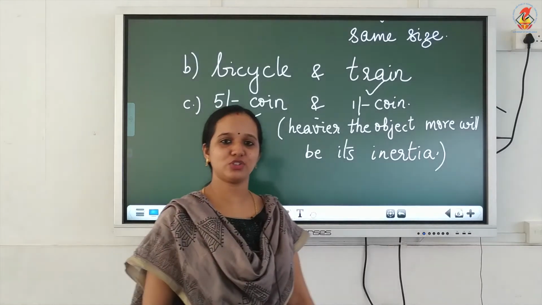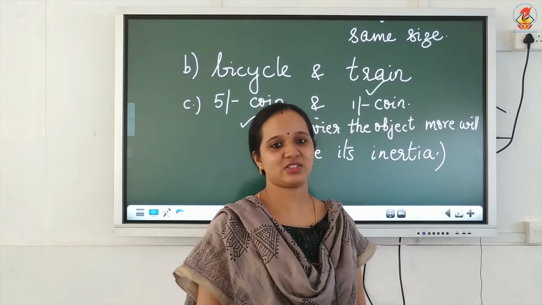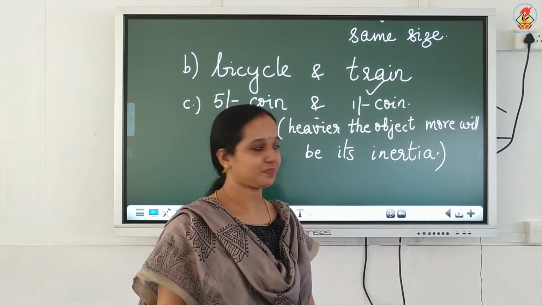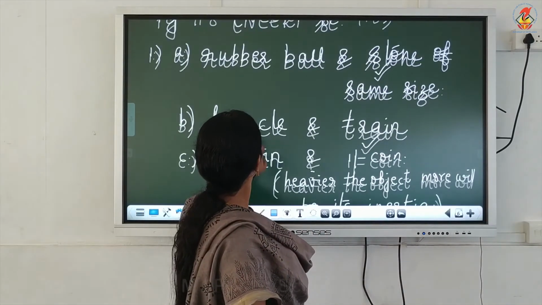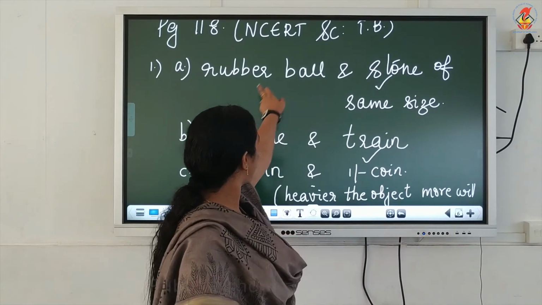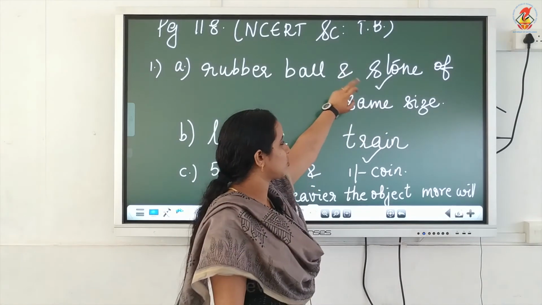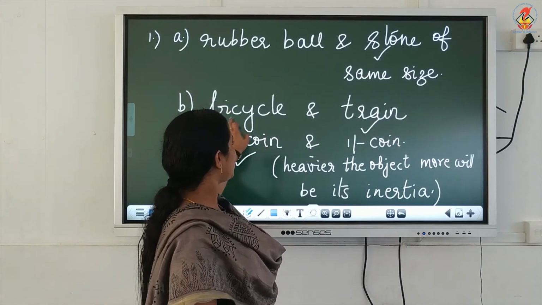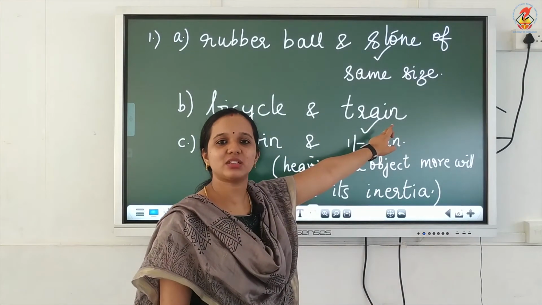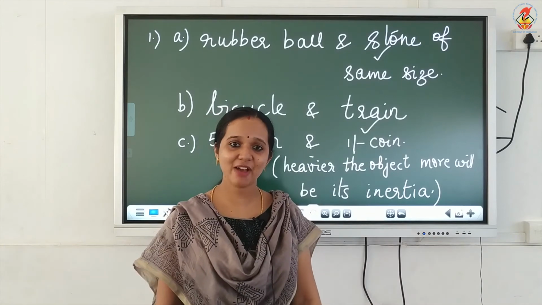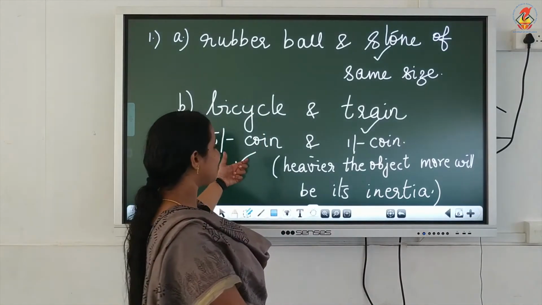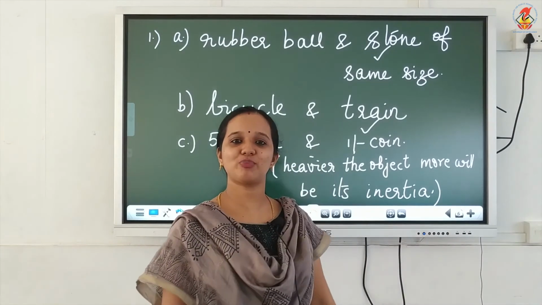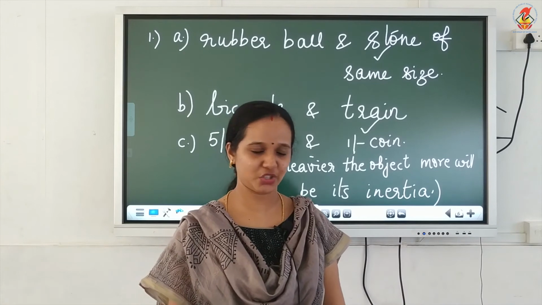This concept is used to do the first question. Compared to the rubber ball, the stone has greater mass, so the stone will have greater inertia. Compared to the bicycle, the train has greater mass, so the train will have more inertia. And compared to the 1 rupee coin, the 5 rupee coin is heavier. That is, the 5 rupee coin will have more inertia.